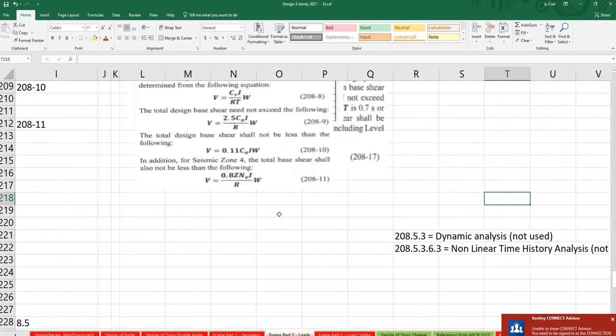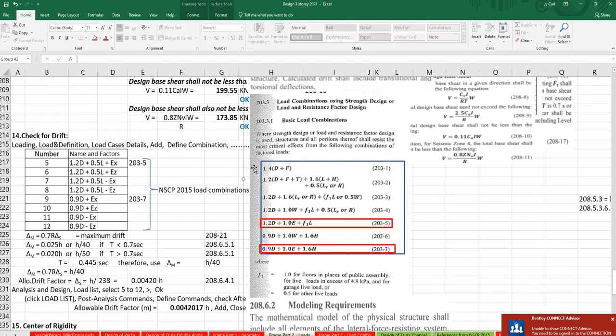Yan ay galing dito, ano? Sa basic load combinations. Ayan. 203-5 and 203-7. 203-5 is 1.2 dead plus earthquake plus F1 L. Ayan.